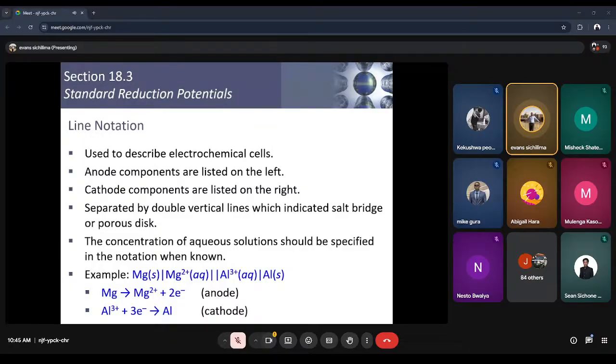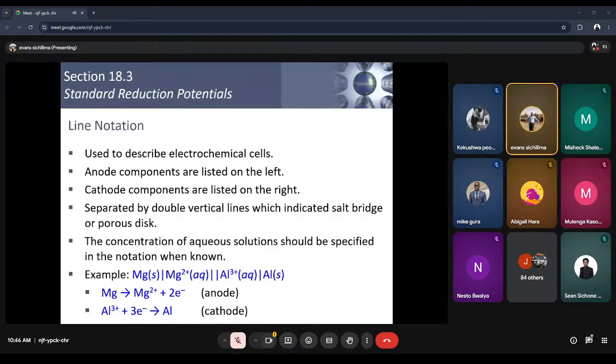So the line notation is used to describe an electrochemical cell. Remember, the cell has two components. There are two half reactions. We have the side from the cathode and the side from the anode. This line notation will basically guide what is happening on which side of the cell.